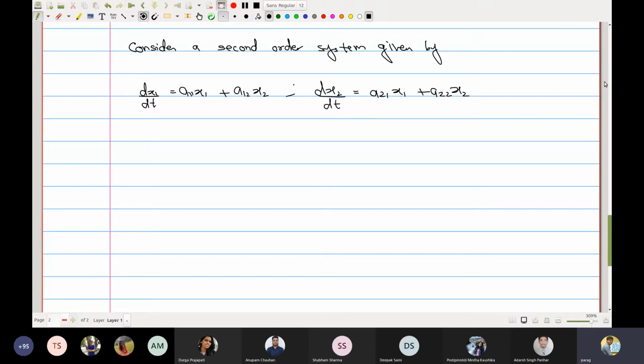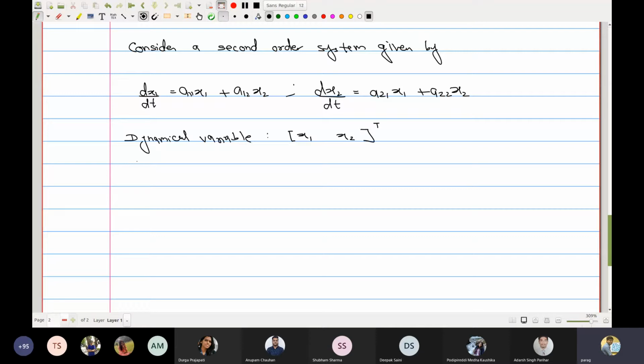So our dynamical variable is the vector x1 x2 transpose.